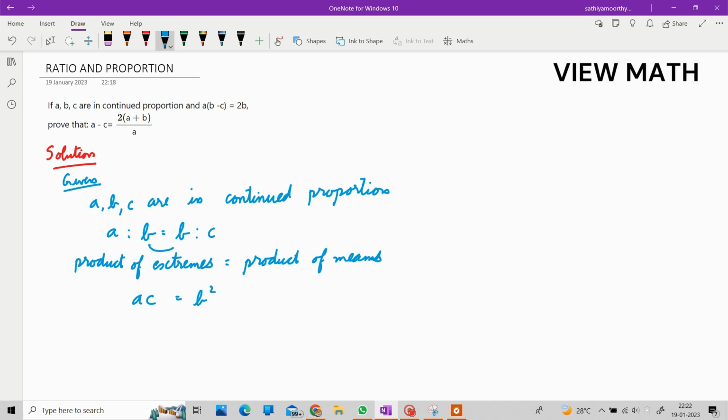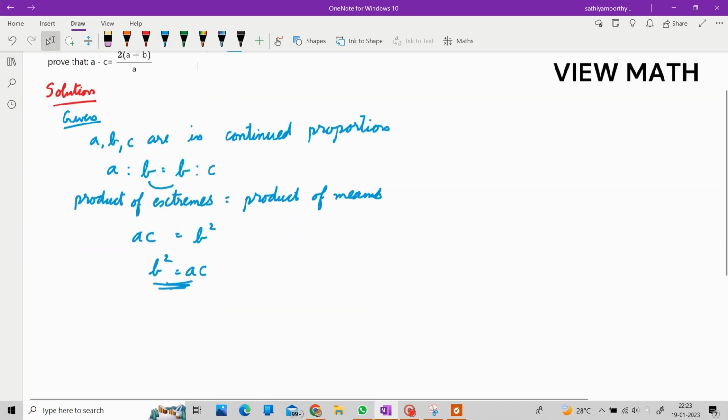So I can write b² is equal to ac. So from what is given, a, b, c are in continued proportion, it means I can write b² is equal to ac.